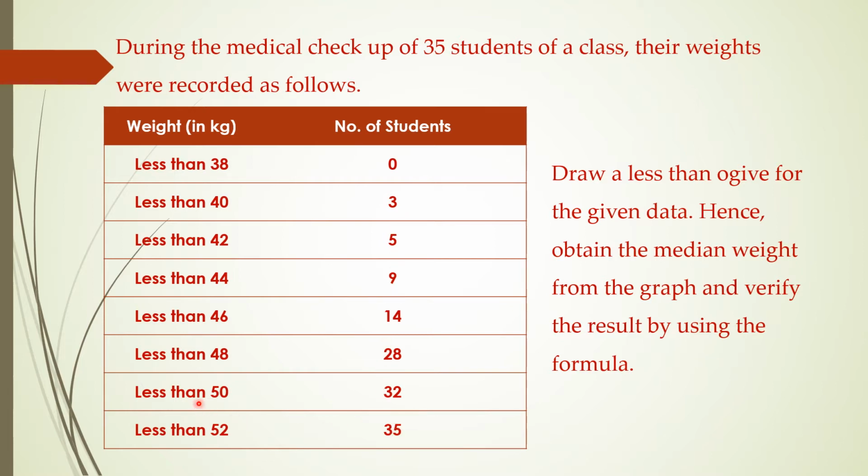That's why the data is enough to draw the ogive and to find the median from the ogive. Whereas he is asking us to calculate the median by using the formula, for which we need the class intervals and the respective frequencies. For this purpose, we have to find class intervals and respective frequencies of the given data also.